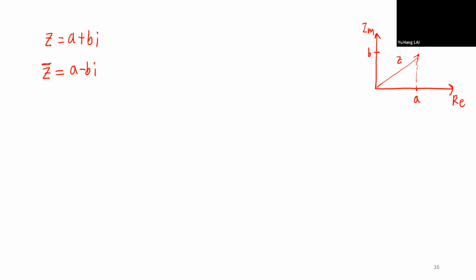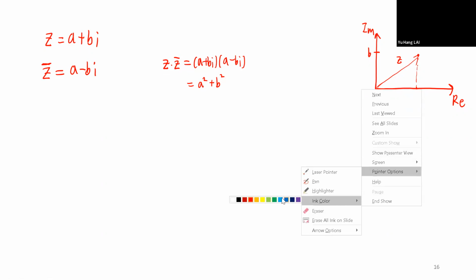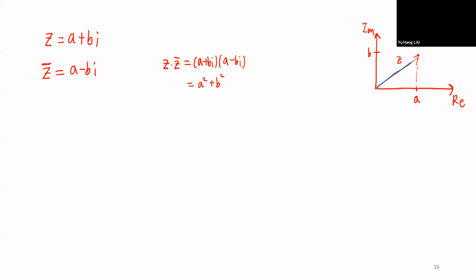And if you take the product between z and z conjugate, what you have is a plus bi times a minus bi, which is a squared plus b squared. So z times z conjugate actually gives you the square of the modulus of your complex number. This length squared is given by z times z conjugate.